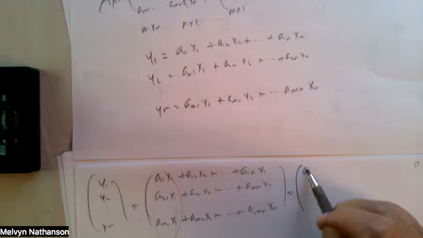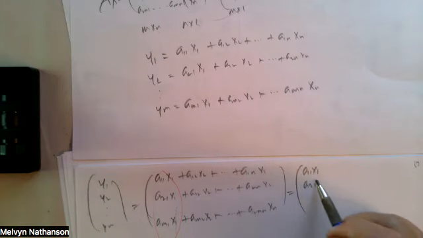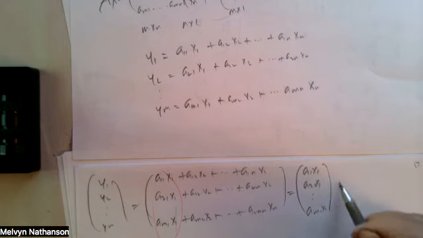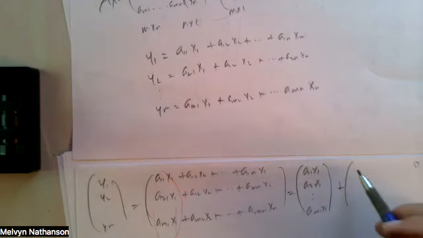And if you look at this, you can write this as a sum of columns. That's the first column, A11x1, A21x1, down to AM1x1, plus the second column, A12x2, A22x2, AM2x2, all the way up to a sum of n columns.